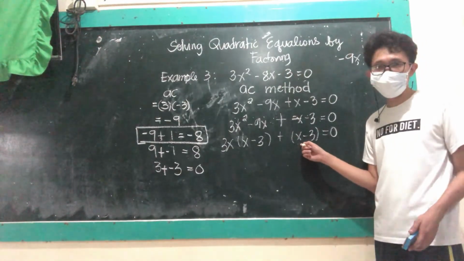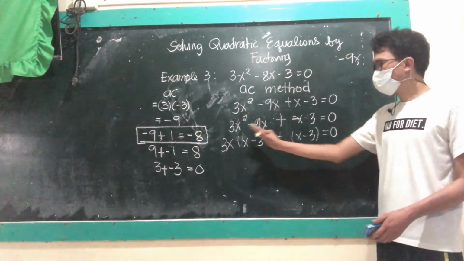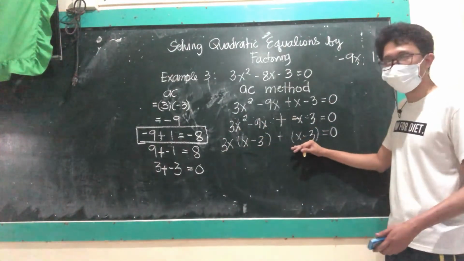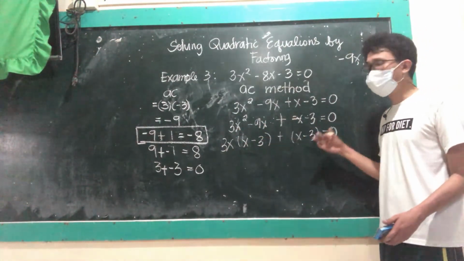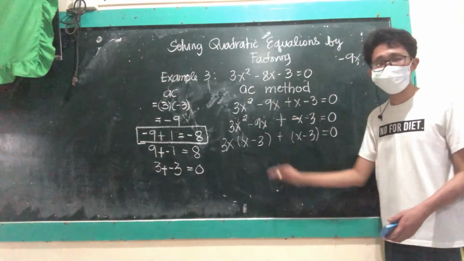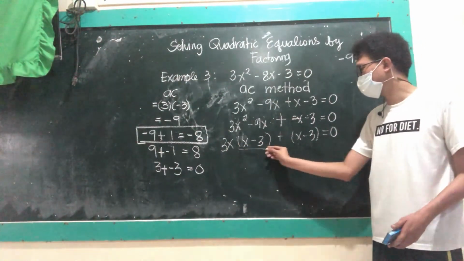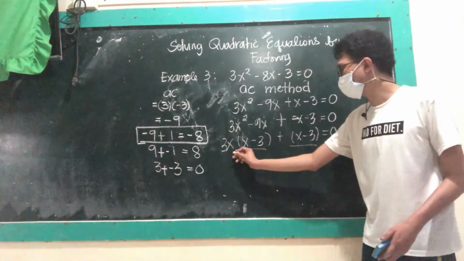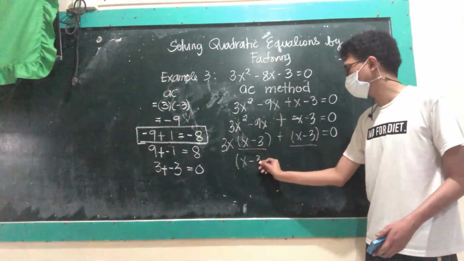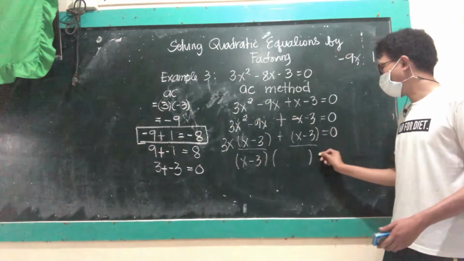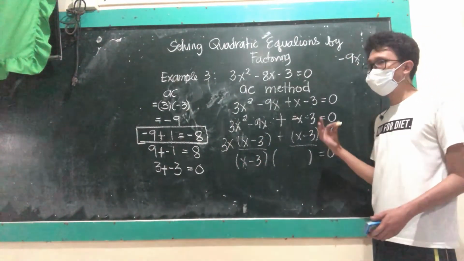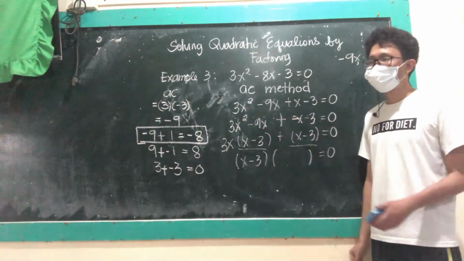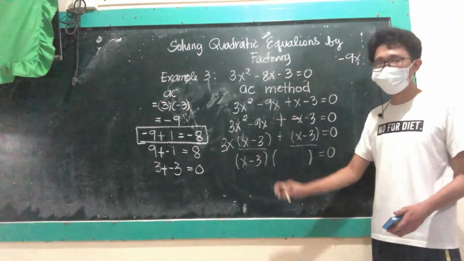Then we have here x minus 3. These are considered two terms. This one is one term and this one is another term. There is a common factor between those two terms, and that common factor is x minus 3. So we will separate the common factor x minus 3. What's left are those terms which are not joined by x minus 3.